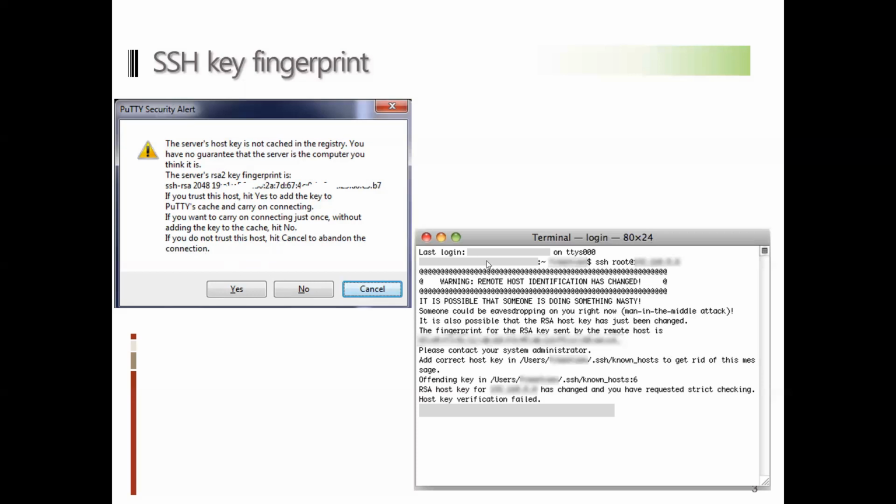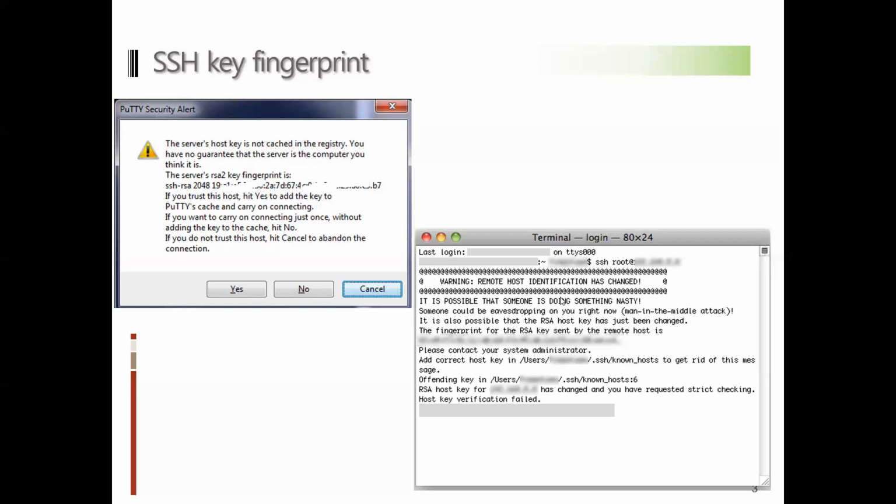And occasionally you might also get this kind of warning message. What this says is that typically the server will reuse the same public key over and over because generating a new public key also takes a lot of time. So people prefer to reuse the same public key.